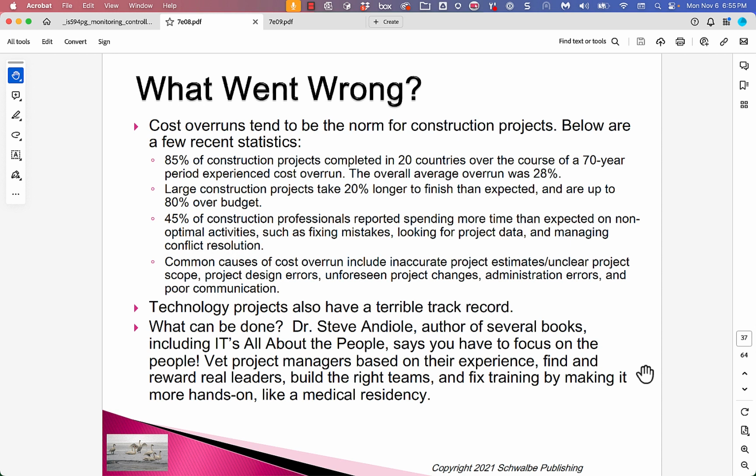So here on slide 37, we talk about cost overruns in construction projects. I feel really good seeing this because the textbook that I used to use for this course was Kathy Schwalbe's book.